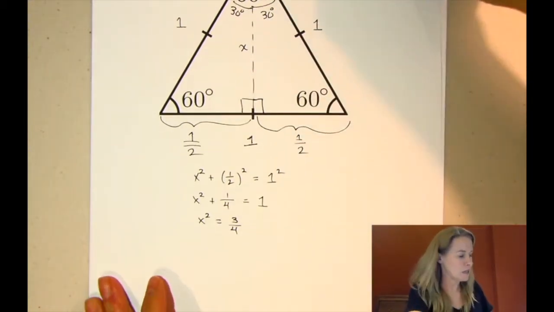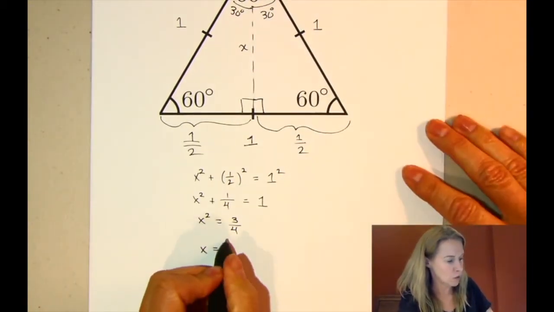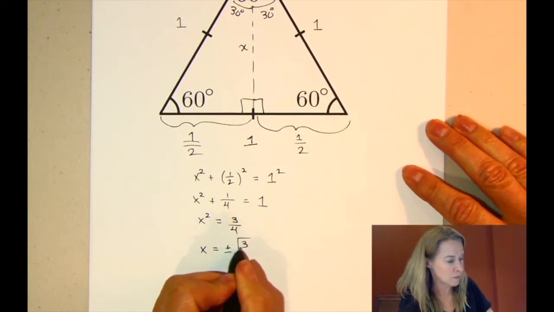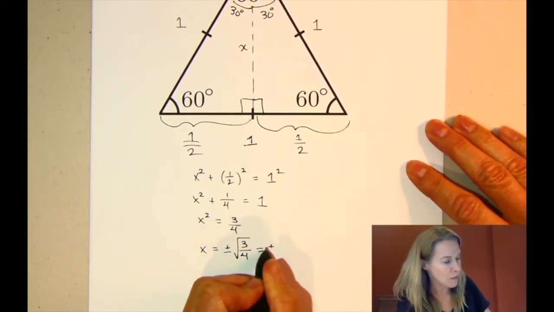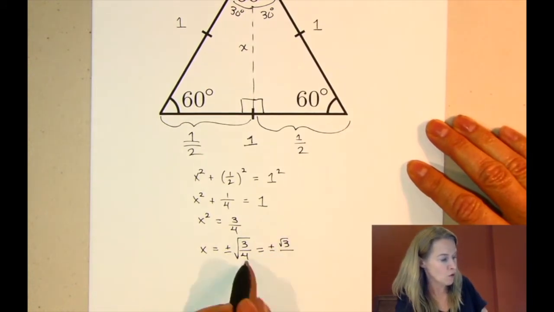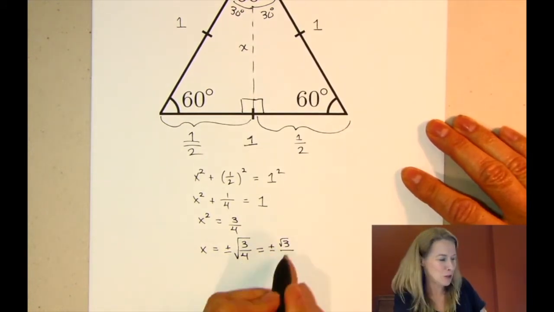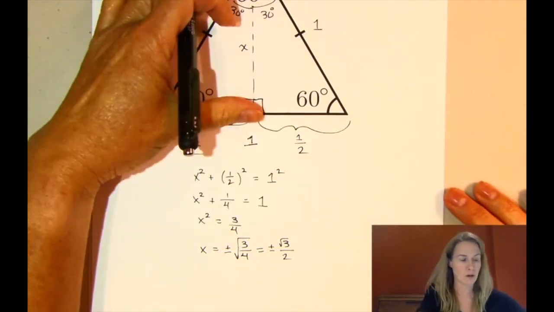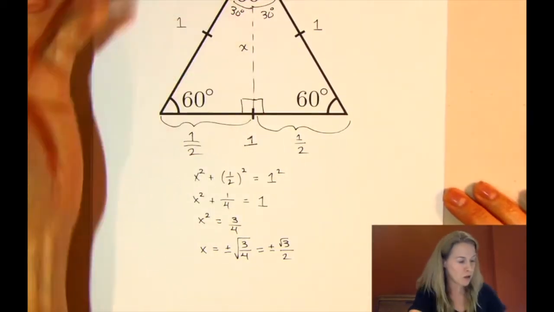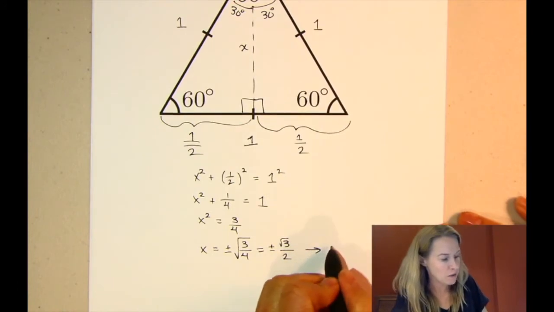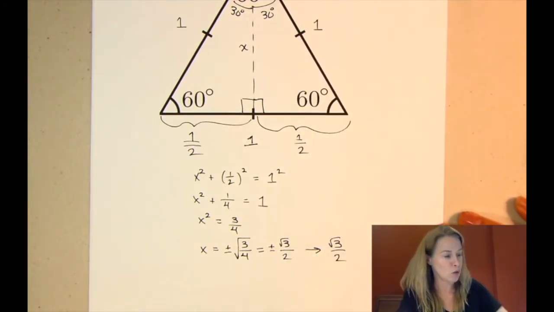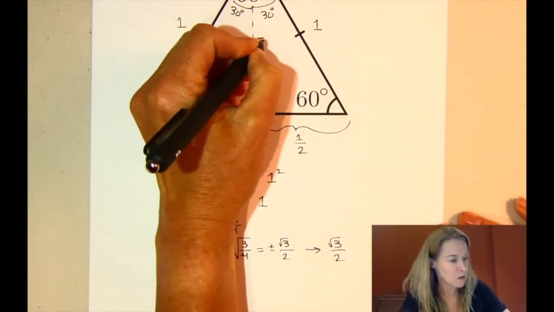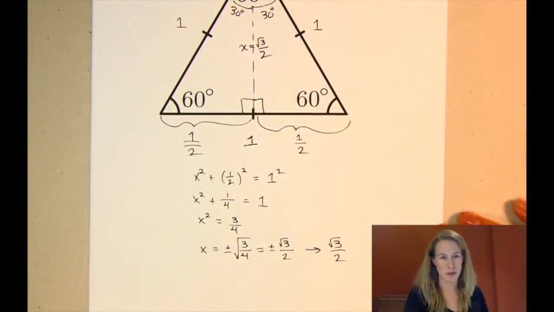And when I square root each side, of course, I need to include the plus or minus, which gives me plus or minus square root of 3 over, and of course the square root of 4 is 2. Remember, since we're talking about a length on this particular triangle, it's going to be a positive value, so we're just going to stick with positive root 3 over 2. So this side right here, square root of 3 over 2.